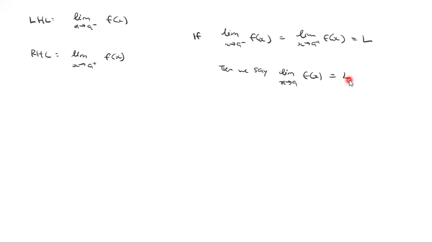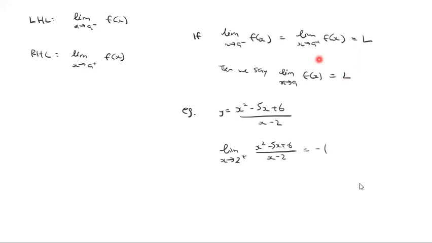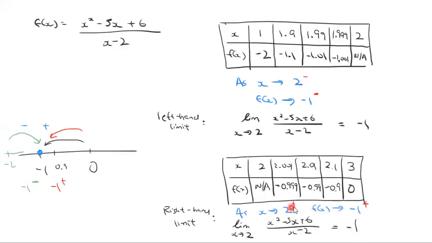So, example. Let's use the example we had earlier: y equals x squared minus 5x plus 6 over x minus 2. The limit as x approaches 2 from the positive side of x squared minus 5x plus 6 over x minus 2 was -1. Was it on the negative side or on the positive side? 2 plus was on the positive side.